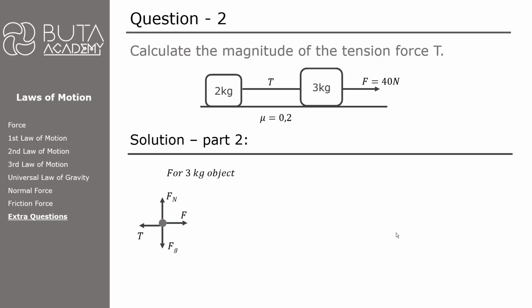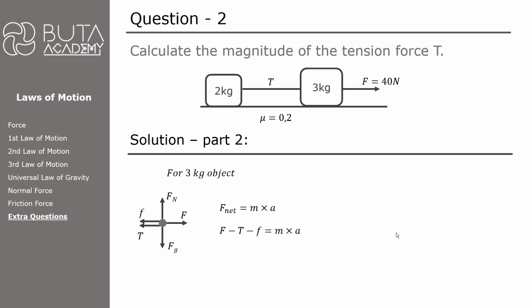As the object moves to the right, the friction force opposes it and acts to the left. According to the second law of motion, net force is equal to the product of mass and acceleration. As the tension force and the friction force are opposing the applied force, net force is equal to applied force minus the tension force minus the friction force.